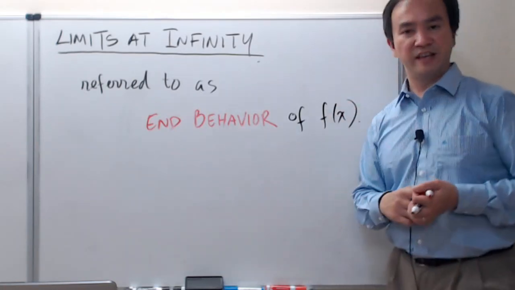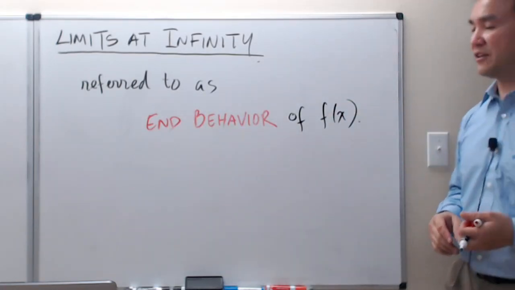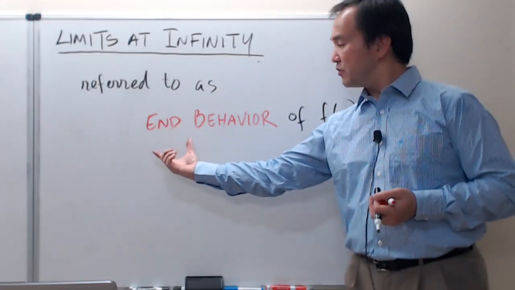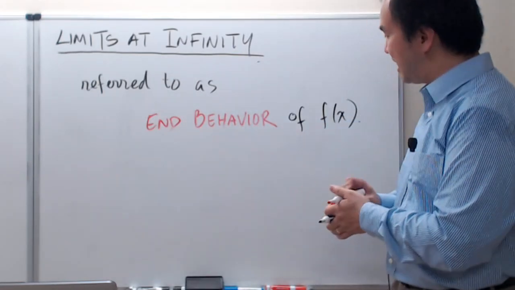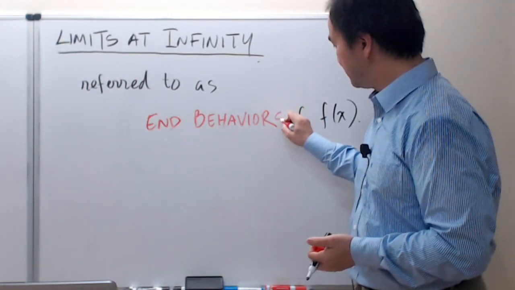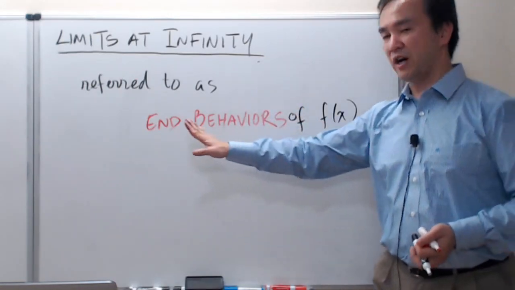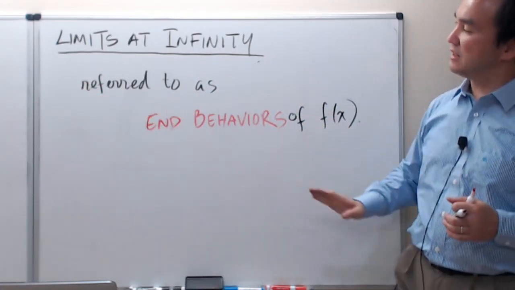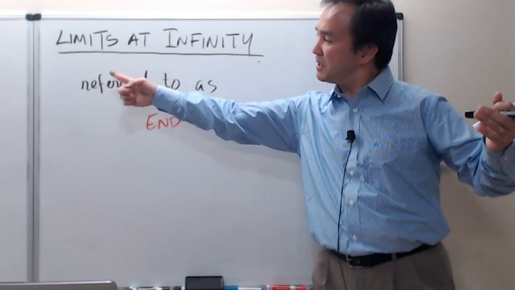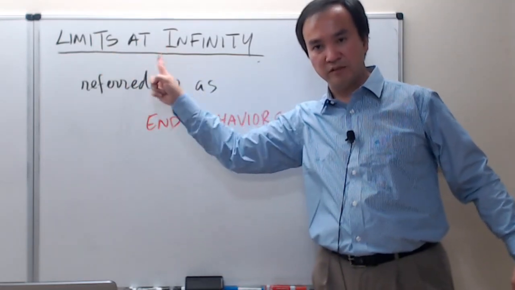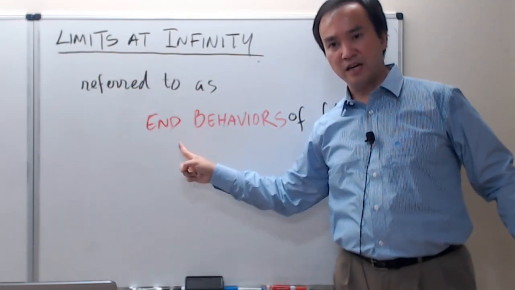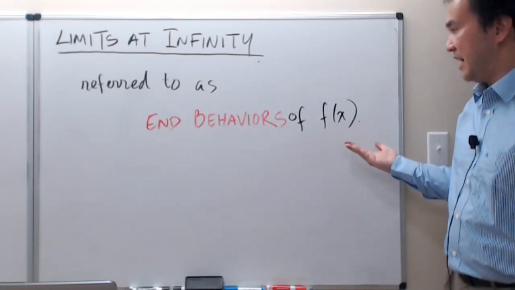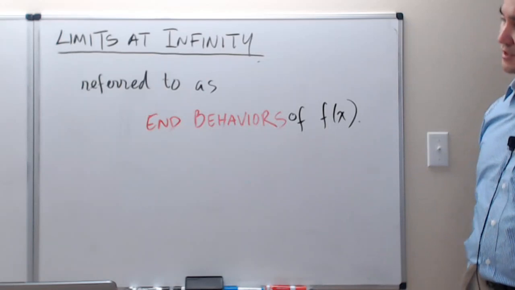So that's generally how we refer to any limits at infinity problem. We're investigating, we're studying the end behaviors, and I should have used plural here, because we got two end behaviors. There's a left end behavior and there's a right end behavior. So generally speaking, any limits at infinity problem is being referred to as an end behaviors problem. We're looking at the end behaviors of the function f of x.